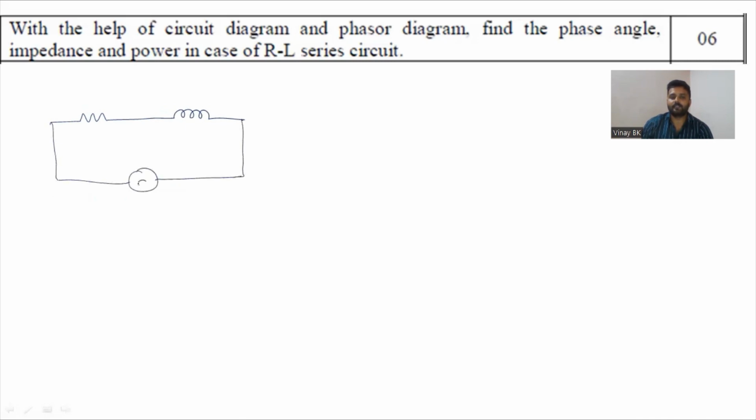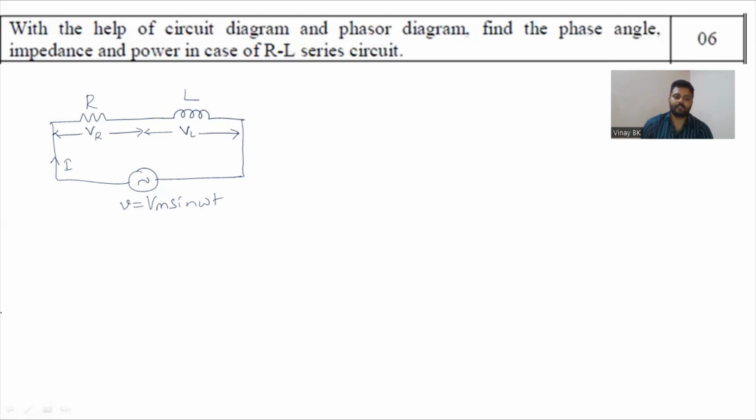That's nothing but the instantaneous value of voltage v given by Vm sine omega t. Whenever supply is given to this combination, current starts to flow and which divides into drop across R, that is VR, and drop across L, that is VL.